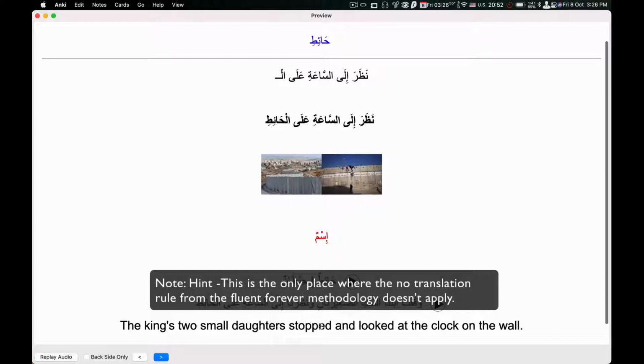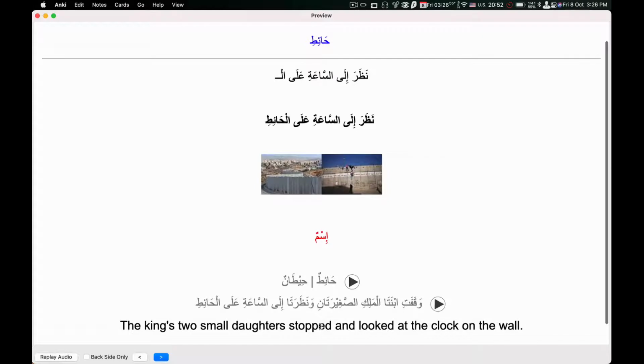So I created a hint card to help me remember the meaning of the words and any other verb conjugation, written in English. That would pretty much aid my learning, and this is the only place where I've written English. I don't write English anywhere else.